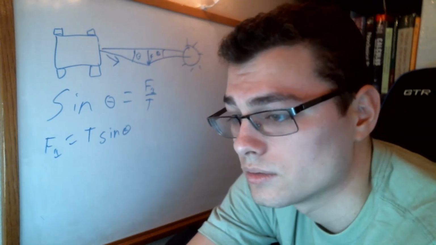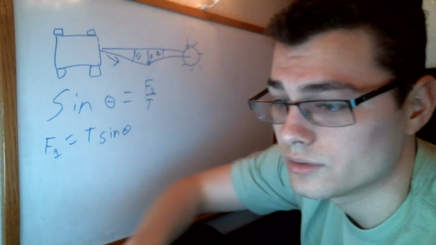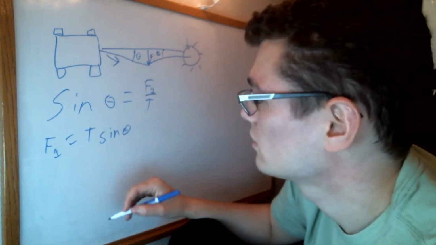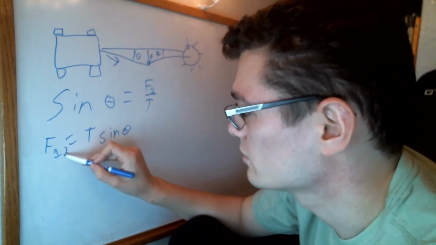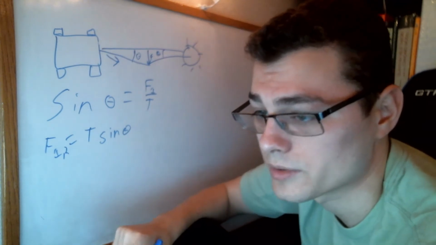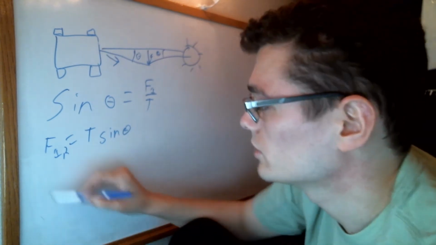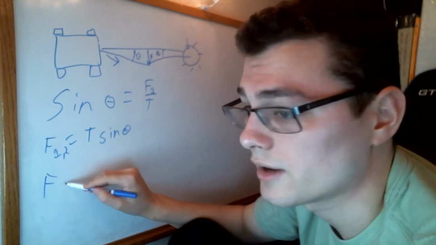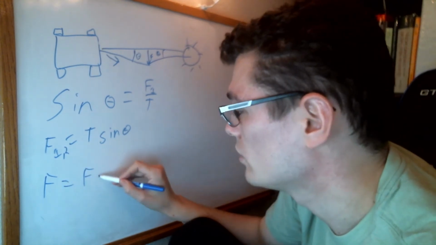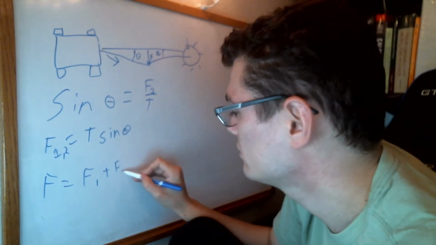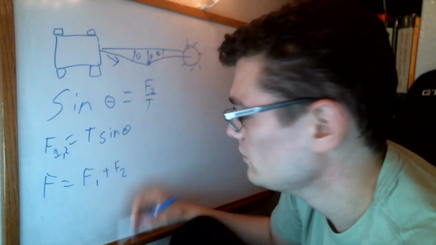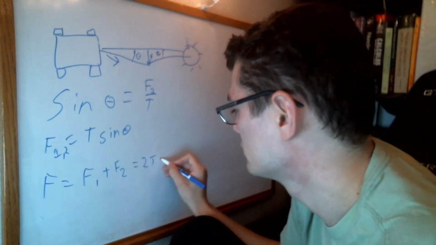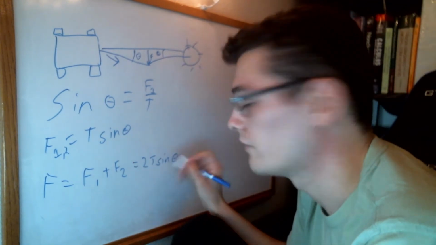So this is also F2. I'm just putting a comma there to represent that. So all we need to do is say that F is equal to F1 plus F2, and that'll give you 2T sine theta.